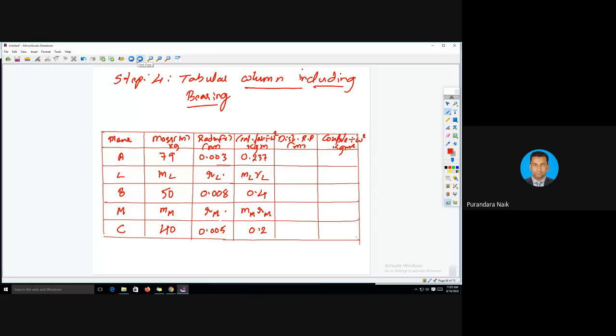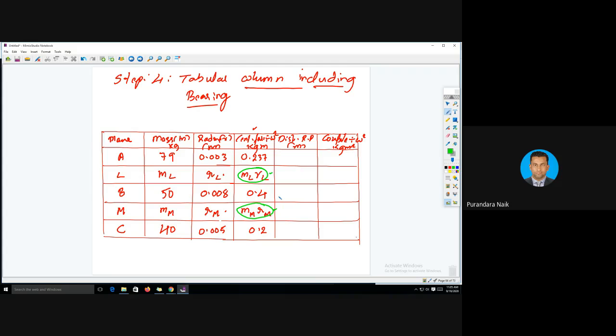Next, we need to check, is it possible to find out the values of ML, RL and MM, RM by the centrifugal force polygon? It is not possible because we have two unknowns, both in magnitude as well as direction.